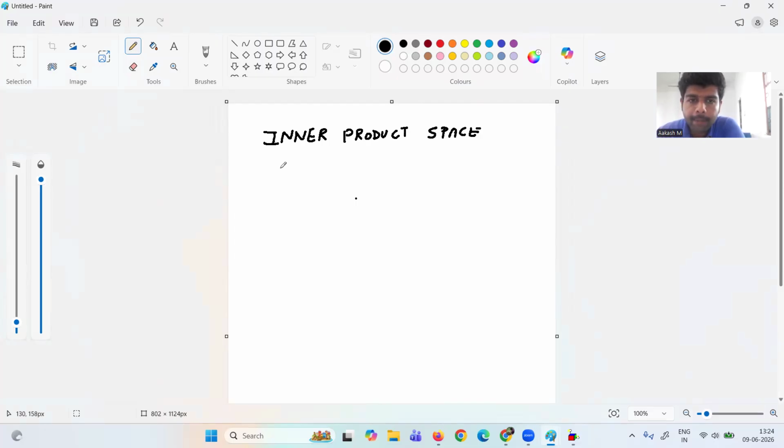And an inner product space on a vector space V is a function.